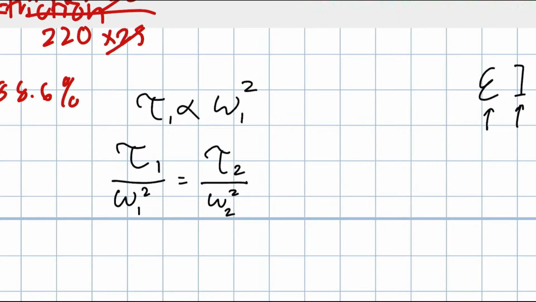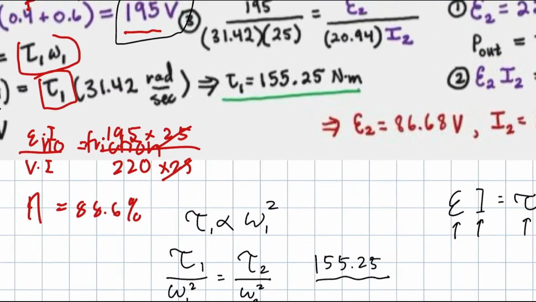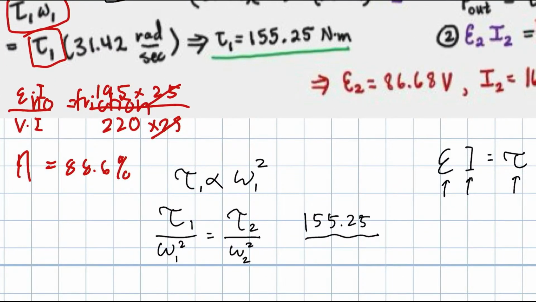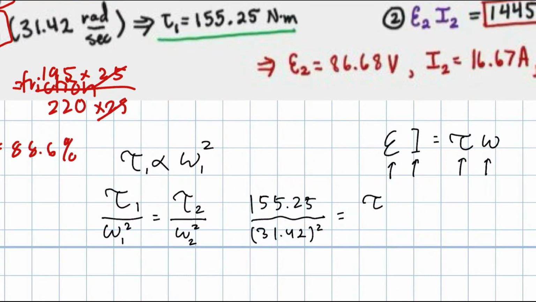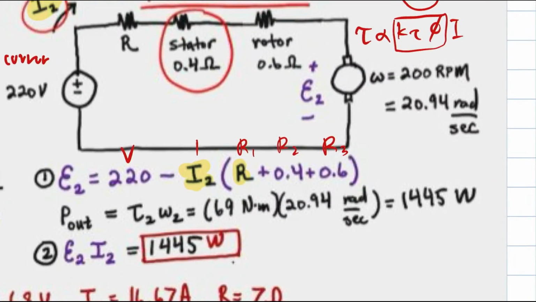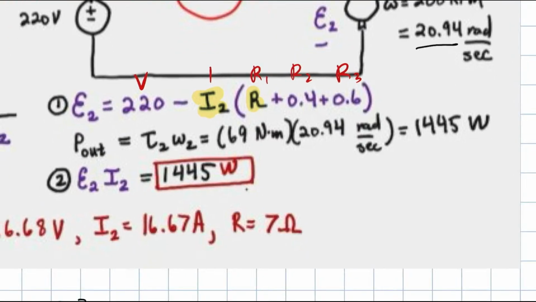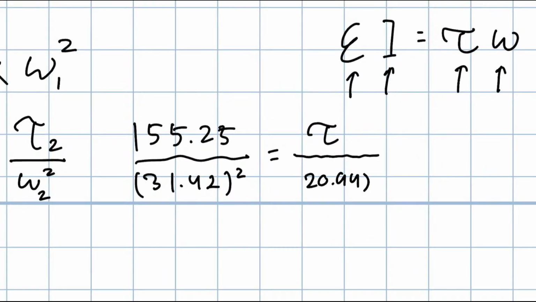Okay. So T1 tadi kita dapat 155.25 over berapa RPM dia? 31.42. Ni kita squared kan. Lepas tu kita tak tahu T2 ni kan, tapi kita tahu RPM ni, 20.94. Okay, 20.94 squared.